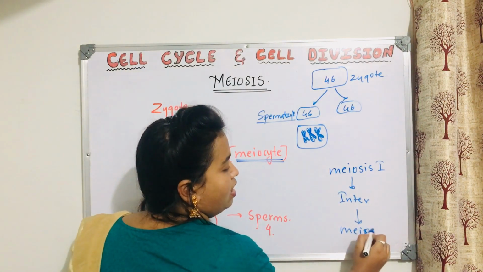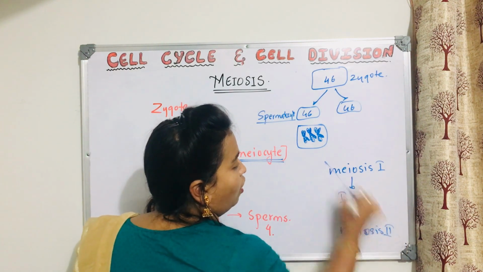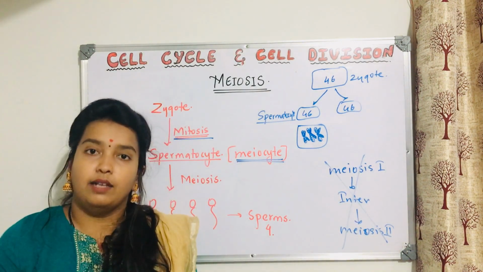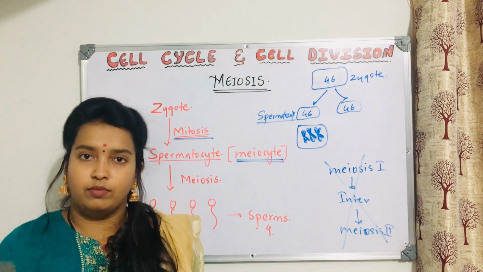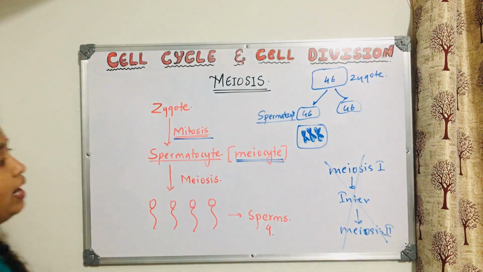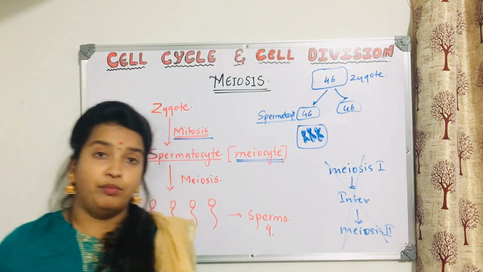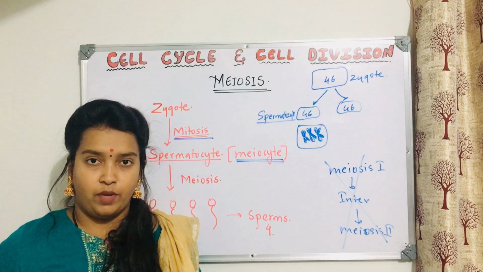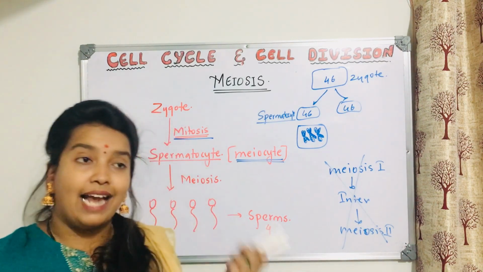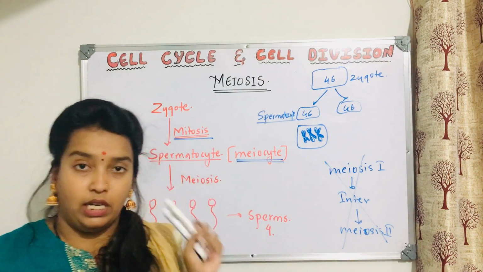No, this is a completely wrong conception. It is interphase, meiosis 1, meiosis 2. Clear? And one more thing: meiosis is not a cycle. That is why in the cell cycle we did not talk about meiosis, and the M phase was mitosis only.